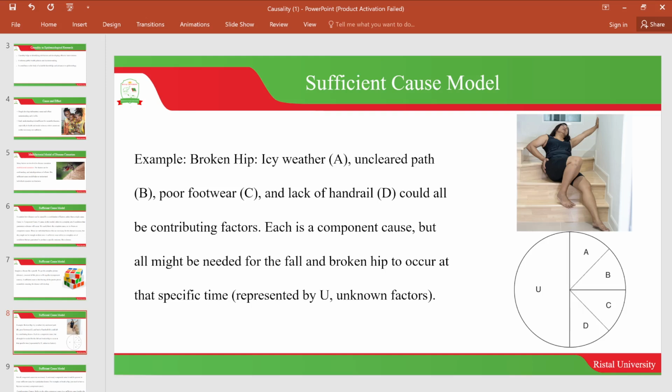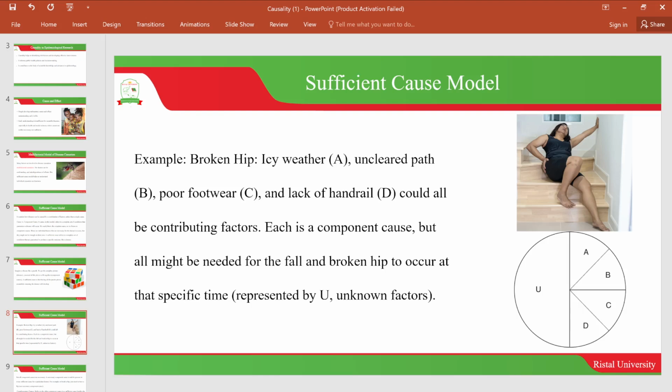So this example goes on to illustrate this point quite well. We are saying that the condition, which is the disease in this case, is represented by U. But for that U to happen, there should be several other factors which we are calling conditions or component causes.